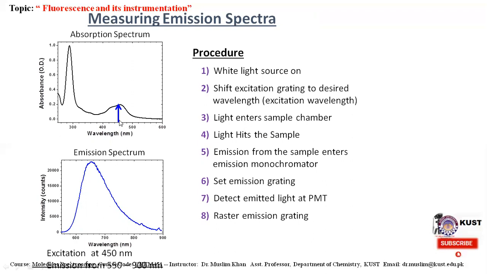The procedure, as I told you, is that first of all, turn on the white light and shift the excitation grating to the desired wavelength, and light enters into the sample chamber, hits the sample, and then light is coming to the emission monochromator, and set the emission grating, and detect emitted light at the photomultiplier tube.